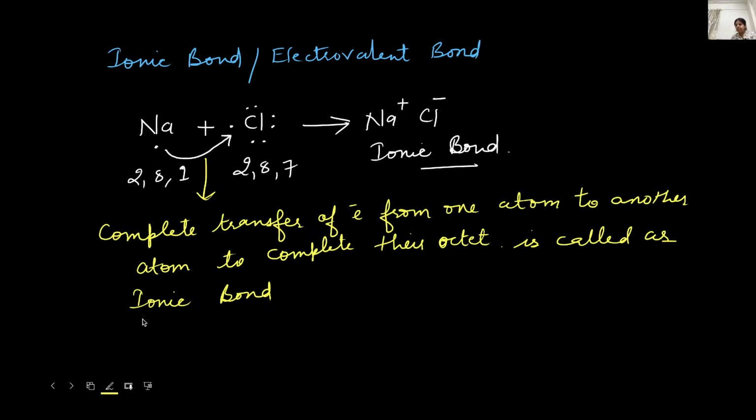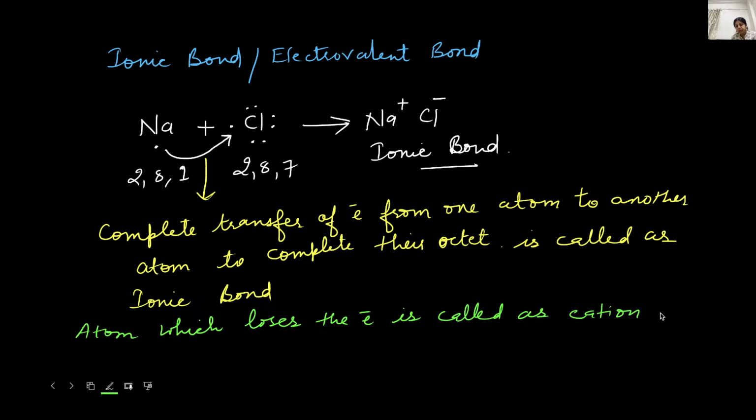Can we say like this, that the atom which loses the electron is called a cation and carries the positive charge?